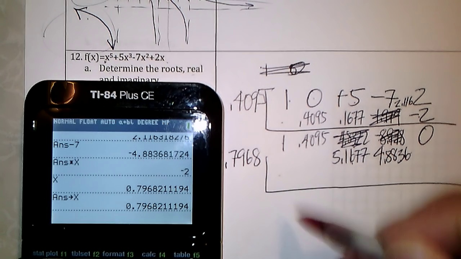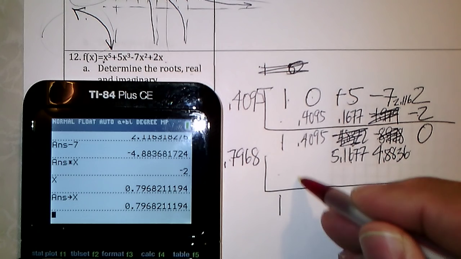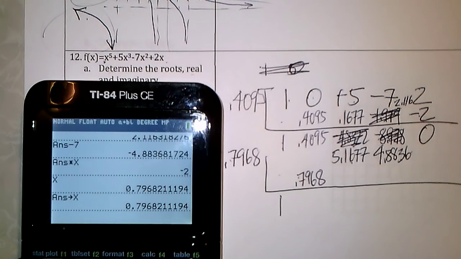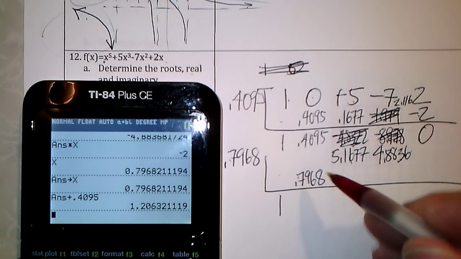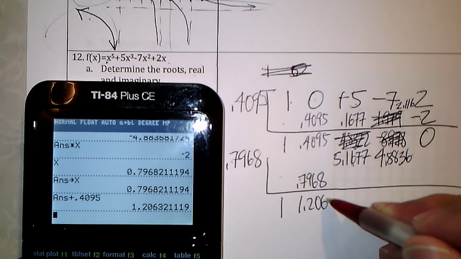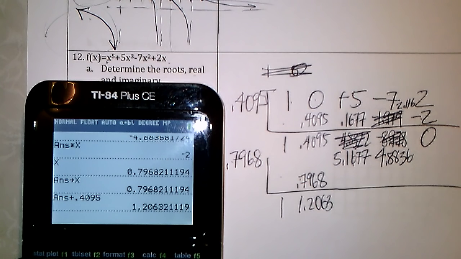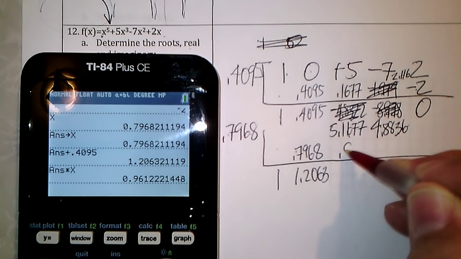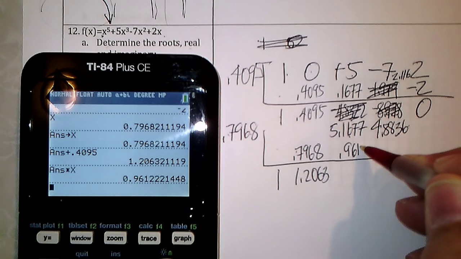Okay, so 1 plus 0 is 1. Times this would be 0.7968. I have to add a 2 plus 0.4095. Now this is approximate, so we're not going to get exactly 0 probably. And I get 1.2063, and I got to take it times x, and I get 0.9612.